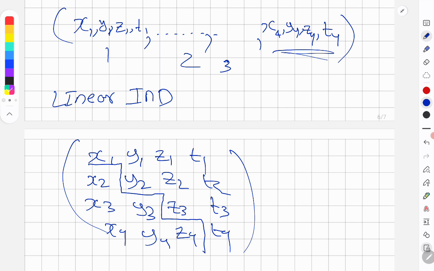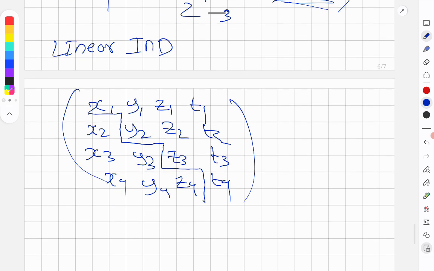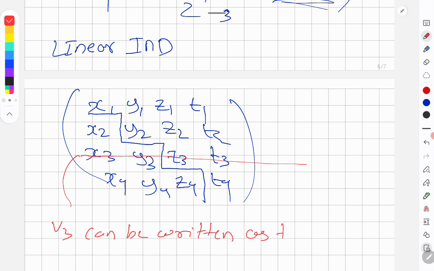If after doing the steps you get a row that becomes 0 0 0 0, you will say that these 4 vectors are not linear independent, because vector 3 can be written as a linear combination of vector 1, vector 2, and vector 4.